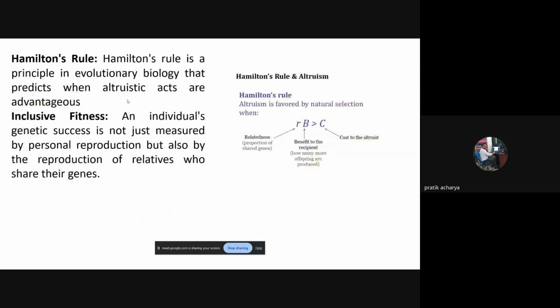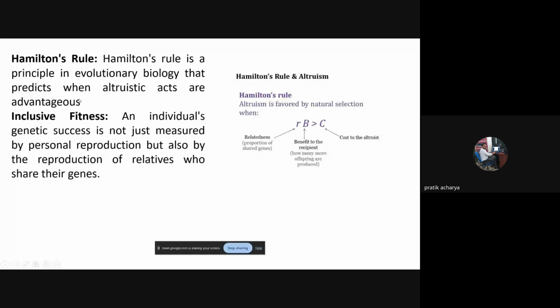Now Hamilton's rule, you have to explain that rule. Hamilton's rule explains that altruism is favored by natural selection. It's a principle in evolutionary biology that predicts when altruistic acts are advantageous.